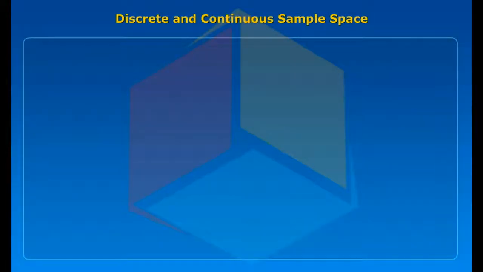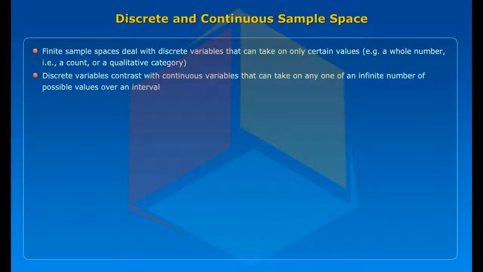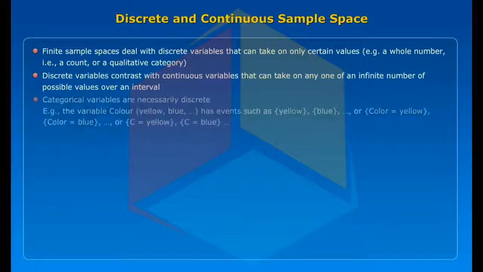Discrete and continuous sample space. Finite sample spaces deal with discrete variables that can take on only certain values, for example, a whole number, that is, a count, or a qualitative category. Discrete variables contrast with continuous variables that can take on any one of an infinite number of possible values over an interval.